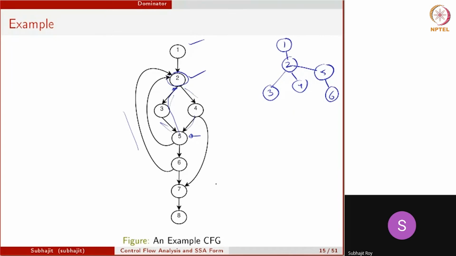Then what about 7? Where should I place 7? Node 4. Exactly. And then 8 goes here. So this is our dominator tree. Excellent. And as I said, I can collect the dominators very easily once I have this tree.